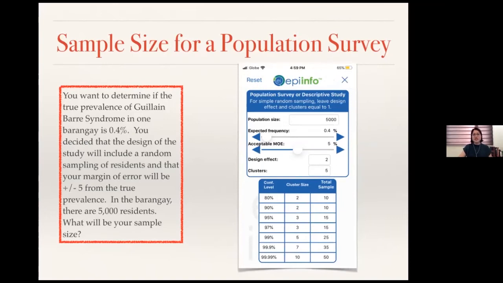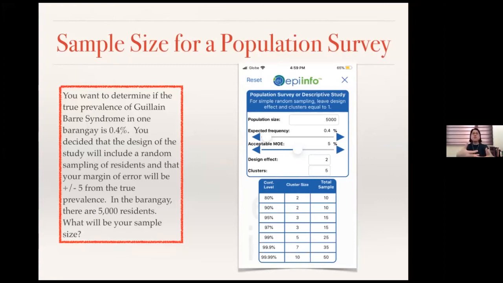Now, let's say in your barangay, you have 5 puroks. No? 5 puroks with sort of like a familial predisposition, ang alam mo, for certain autoimmune diseases. So now what you want to do is you want to get equally from all 5 puroks. No?